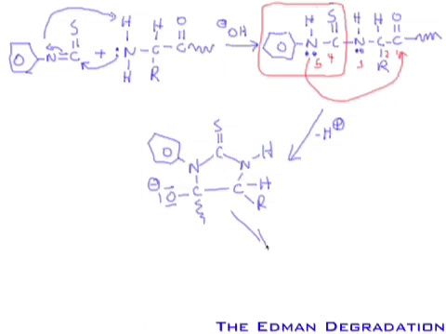Now what's interesting, in nitromethane, which is anhydrous as a solvent, we can cleave the attachment to the rest of the peptide. This pi bond will form a C double bond O, that group will leave, and we end up with the same thing again.